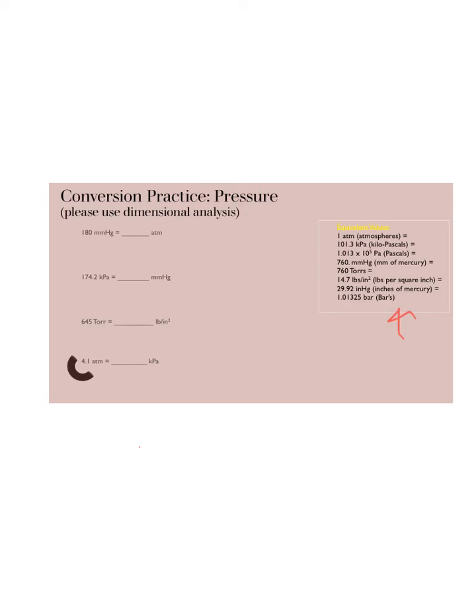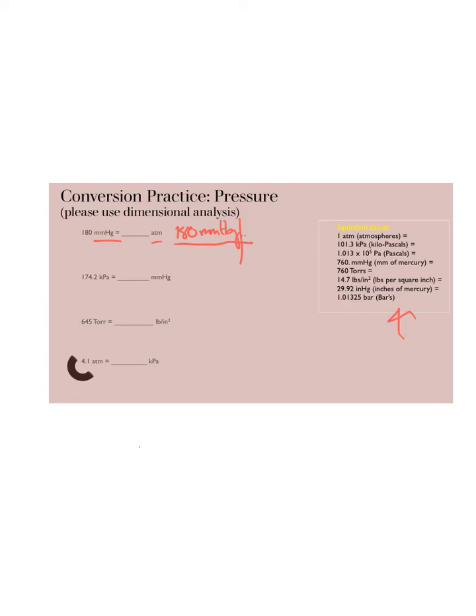So here we're given millimeters of mercury, and we're trying to get them into atmospheres. So you always start with what you're given, 180 millimeters of mercury. It's important to write these units down. There's a couple ways you can do it. You can write the multiplication, and then you can write the fraction. Myself and a bunch of other teachers have been taught, and we like the system where you go like this.